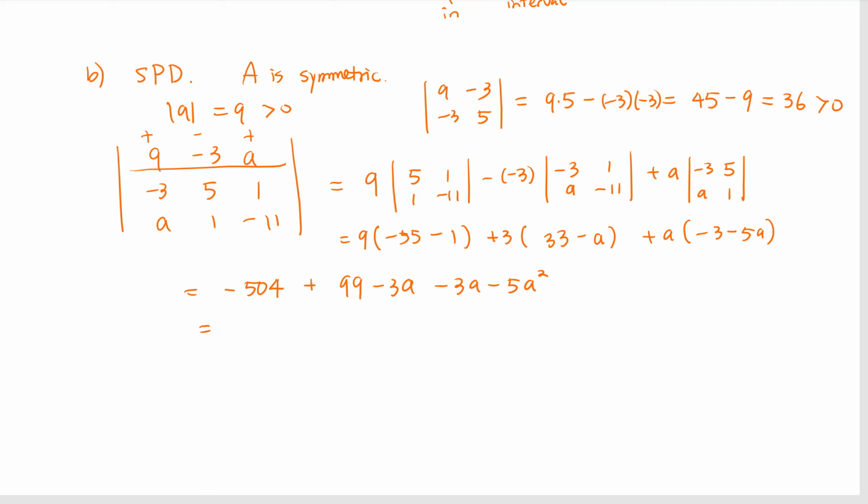Let's reorder it. We have minus 5a squared. How many a? -6a. And then what's the constant? Let's see here. Okay, minus 504 plus 99. Let's do it.